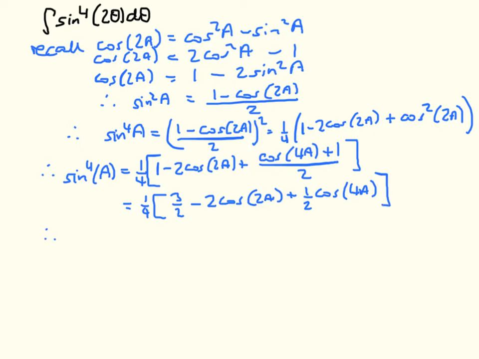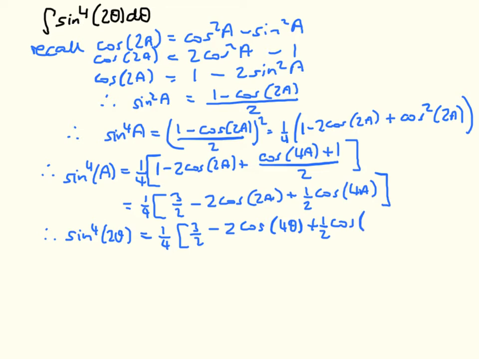So if we say that a is 2 theta, sine to the 4th of 2 theta is going to be 1/4 times 3/2 minus 2 times the cosine of, now a is 2 theta, so 2a is 4 theta, plus 1/2 the cosine of, a is 2 theta, so 4a is 8 theta.